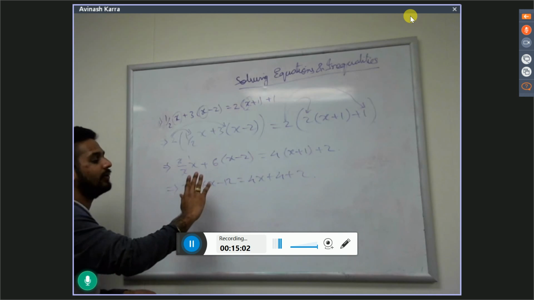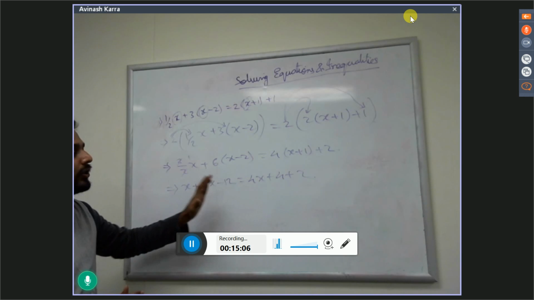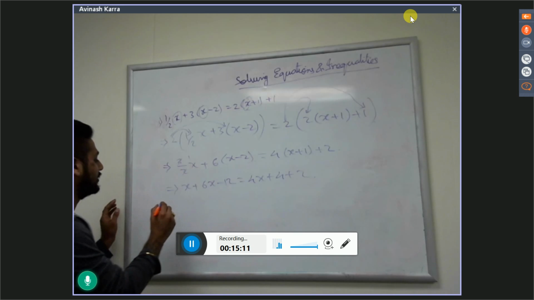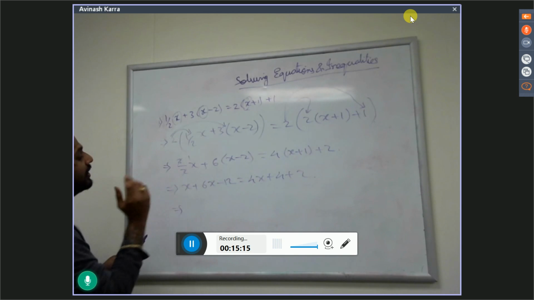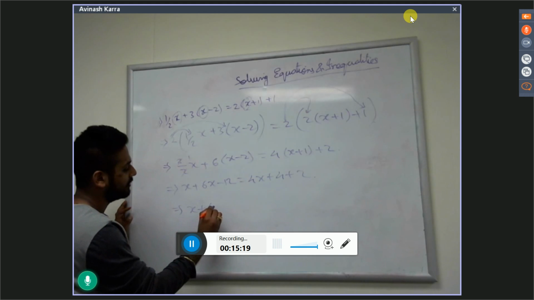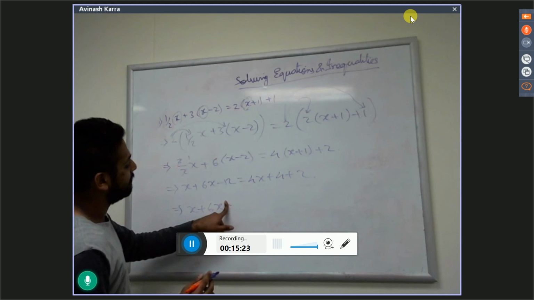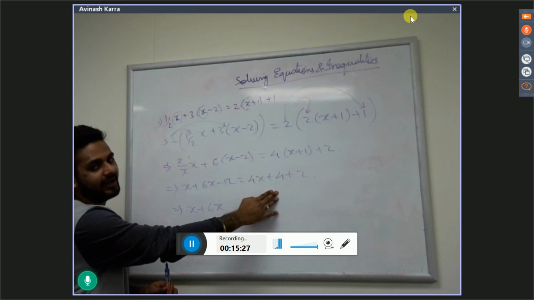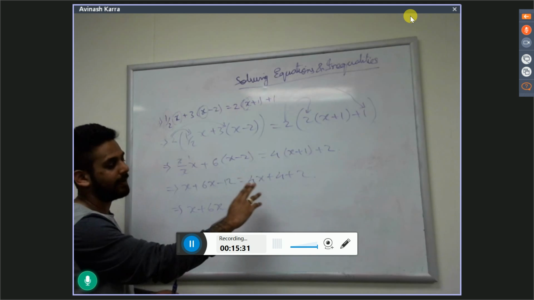After coming to this stage, where you have only variables and constants, you can move all the constants to one side and all the variables to one side. Let me grab all the variables towards the LHS. What is 4x doing on the RHS? It's being added, so its sign is positive.